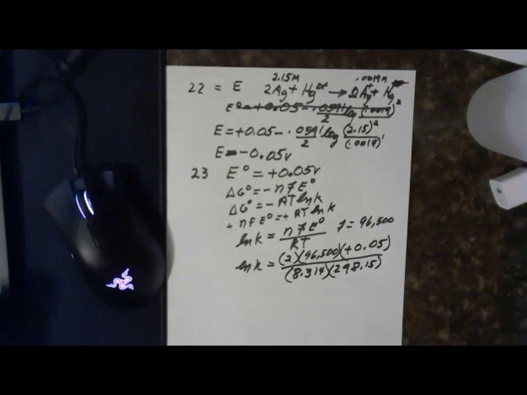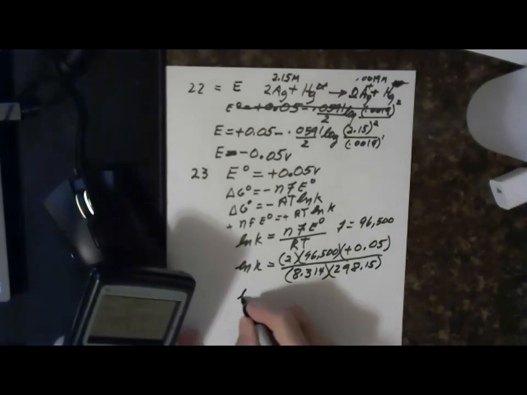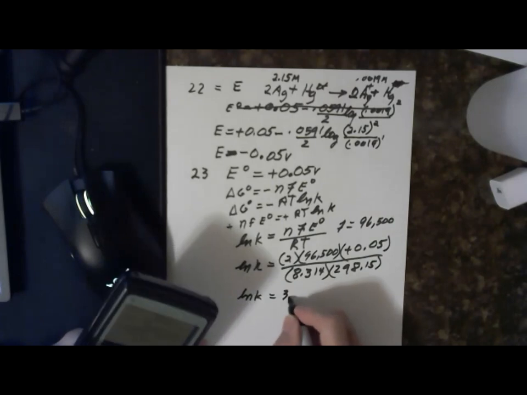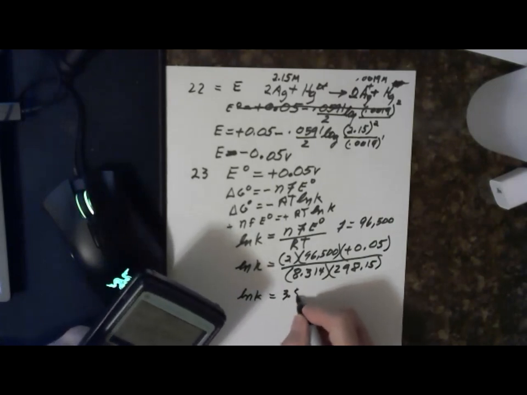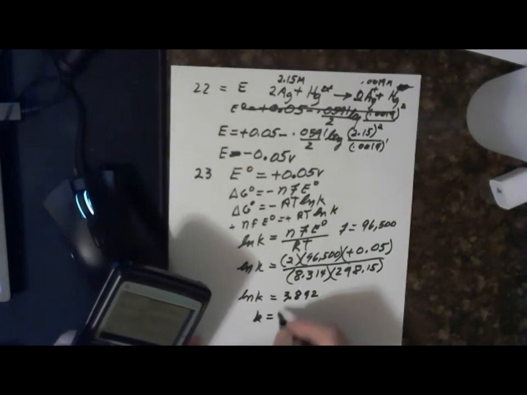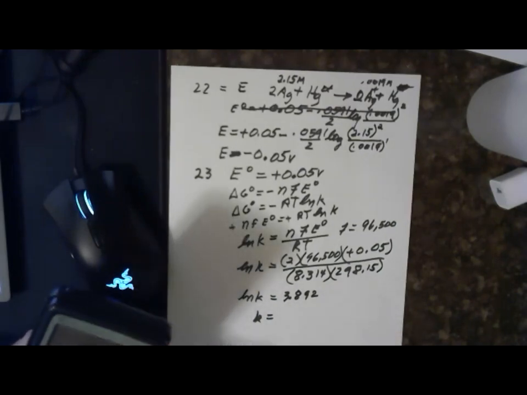So we get 2 times 96,500 times 0.05 divided by 8.314 and divided by 298.15. So I'm getting ln K to equal 3.892, and K would be equal to e to that power.